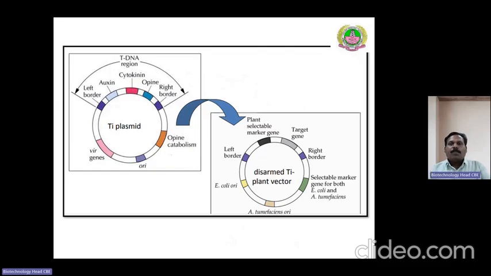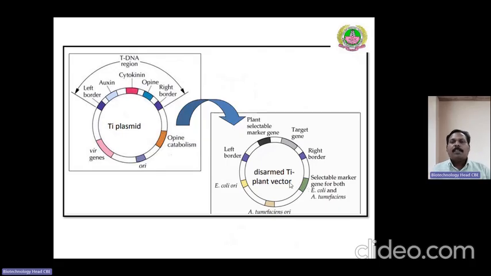So if the pathogenic part, that is the oncogenes, is removed from the Ti plasmid, the oncogenes include the genes for auxin, cytokinin, and opines. If they are removed from the transfer DNA or T-DNA region, the plasmid can be deployed for plant genetic transformation, inserted with foreign DNA or a gene of interest, and serve as a vector system for producing transgenic plants through Agrobacterium tumefaciens, for which we normally use a disarmed Ti plasmid vector.